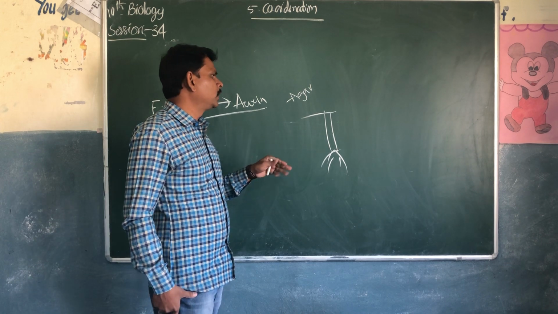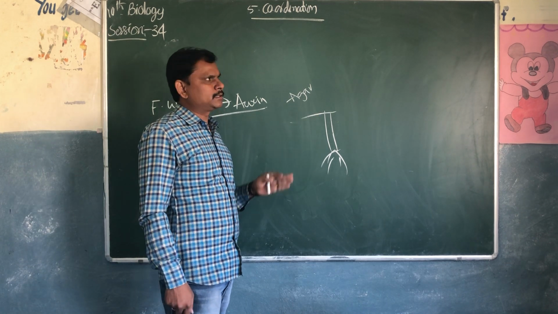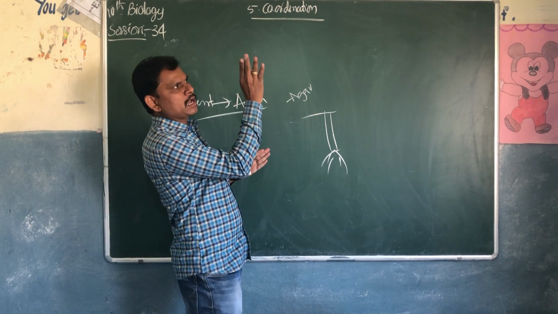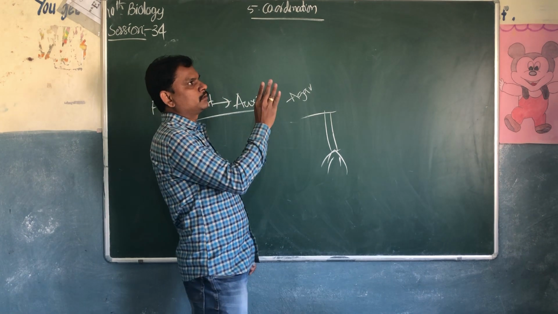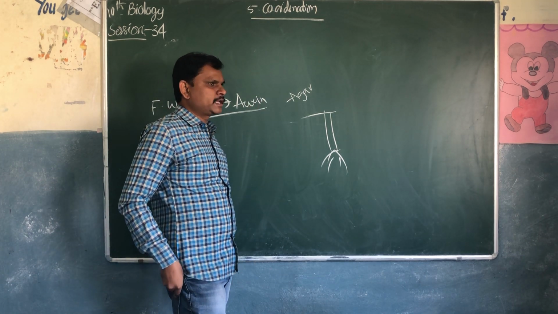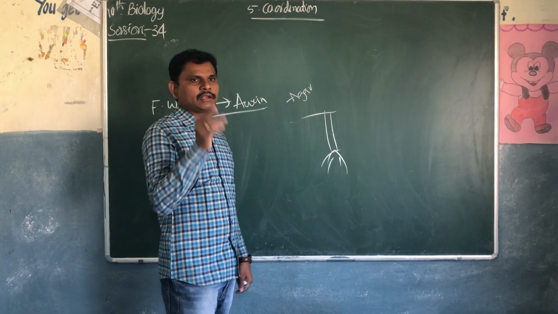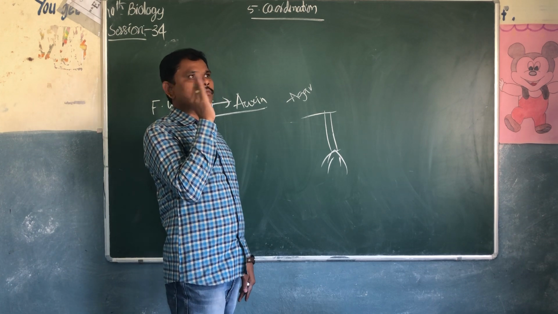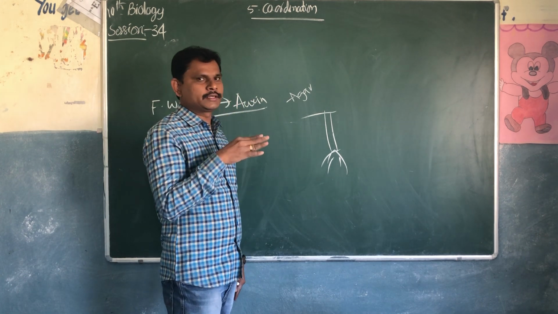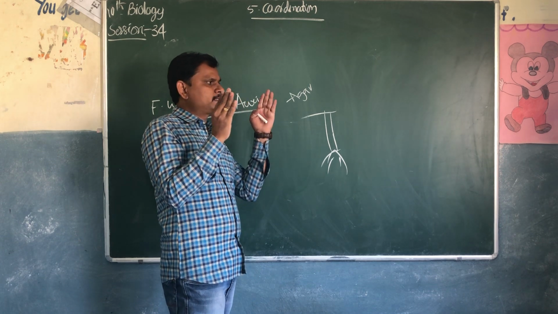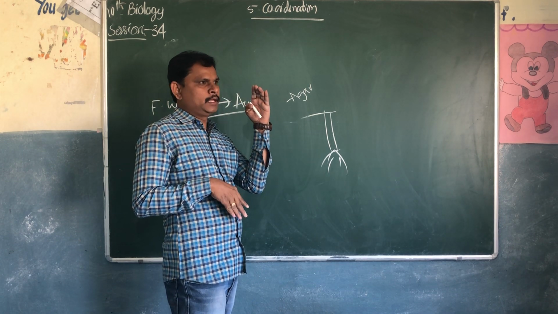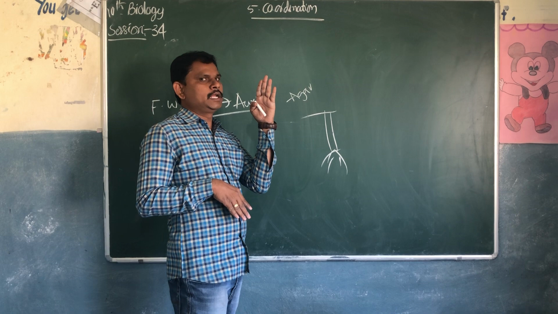If you keep these plants in sunlight, they will turn to where the sunlight is moving. The best example is the sunflower. Sunflower crops always move toward the sunlight. If the sunlight is on this side, the plant bends like this. If the sunlight is in the center, it stands straight.